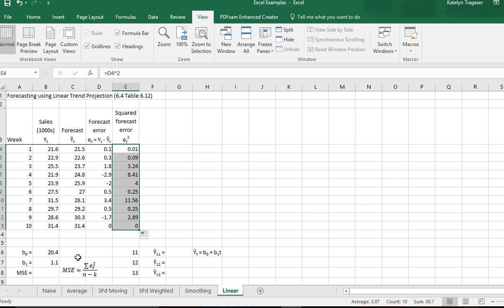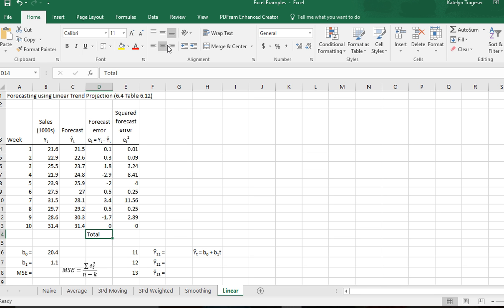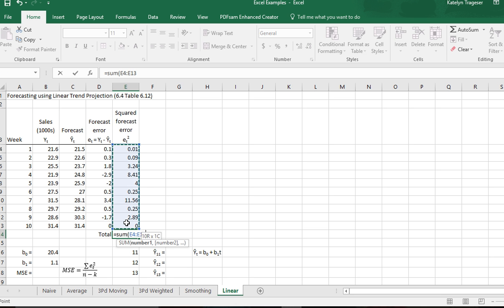Now our next step is going to be to calculate our mean squared error. And we know that we need the sum of our squared forecast errors. So total, sum of all of these.